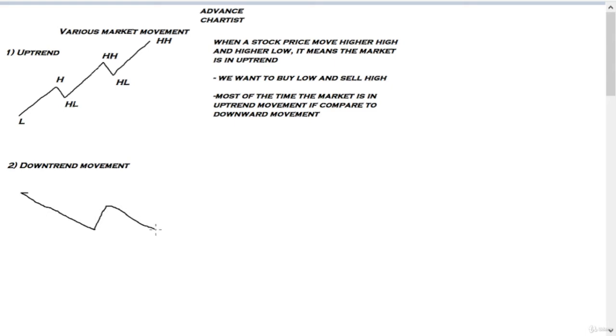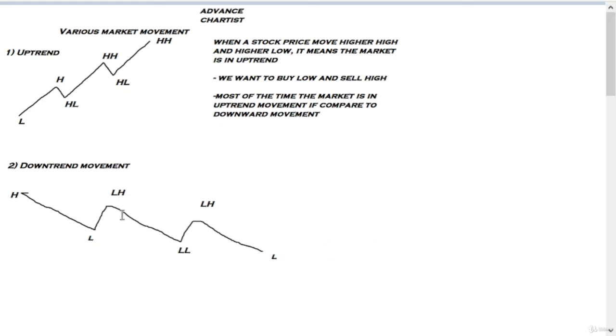It's a mirroring of an uptrend movement. So this is low, this is a lower high, and this is a lower low, this is a lower high, and subsequently making a new low.